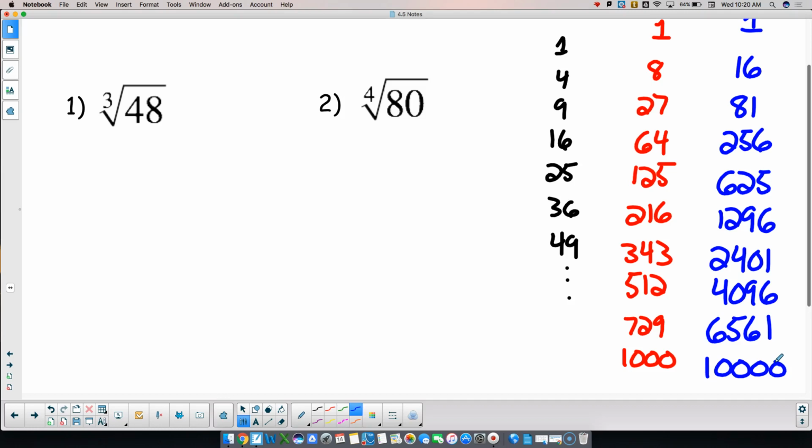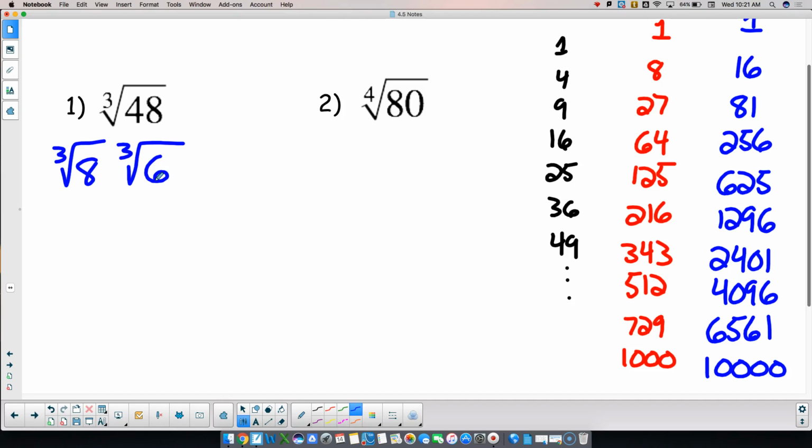So those are the factors that you're looking for in those. Okay? So if I were looking at the cube root of 48, now I'm going to look down that red column and look for the biggest number that evenly divides into 48. Well, 8 does. So this becomes the cube root of 8 times the cube root of 6, because 8 times 6 is 48.